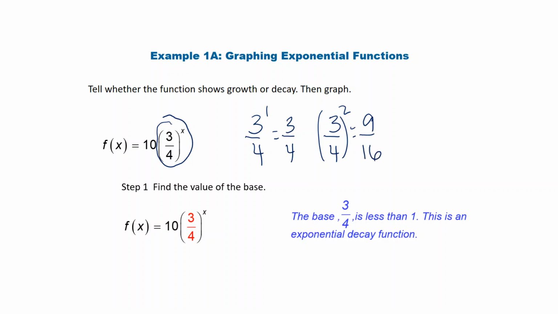And then if we raise it to the third power, 3 times 3 times 3 is 27, and 4 times 4 is 16 times 4 is 64. So you can see 3/4 to 9/16 is getting smaller, and 9/16 to 27 over 64 is even smaller. So our function is getting smaller and smaller as our x is getting larger and larger.